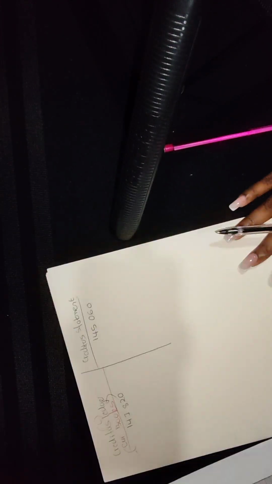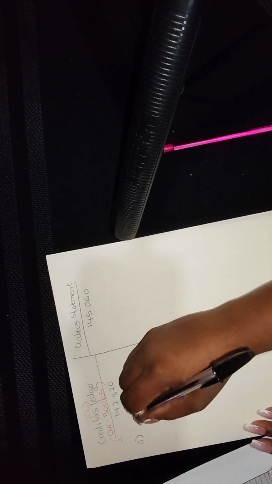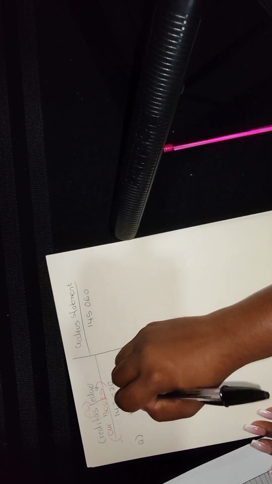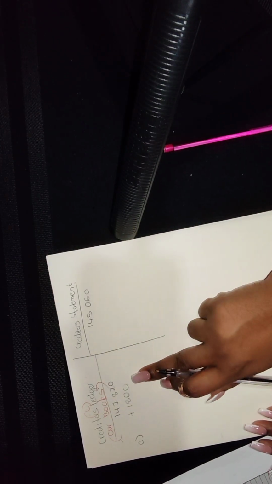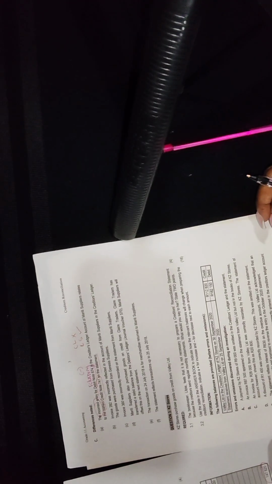So when I go to my answer sheet, I say A plus 1,800 under the creditors ledger, because the statement was right, and it was I, the business, that was wrong. Now we are going to move on to the next adjustment.